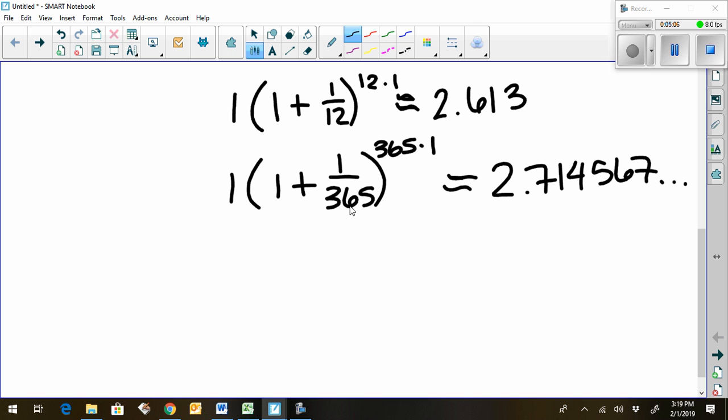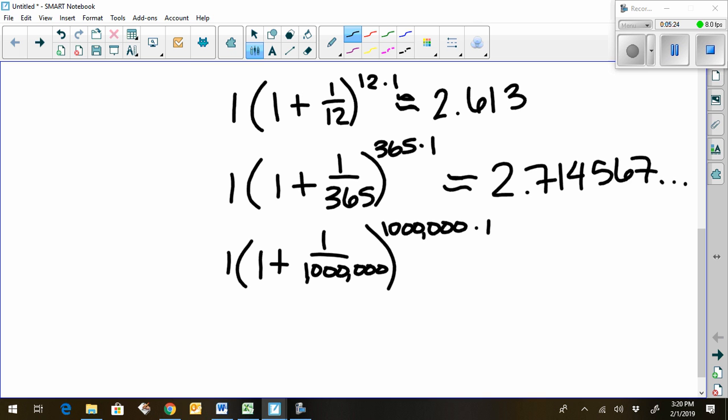What if we change this to 1,000,000? So we're compounding it 1,000,000 times in 1 year. It would look like 1 times 1 plus 1 over 1,000,000, 6 zeros, to the 1,000,000 times 1. All right, so I'm thinking, well, I know it only increased by a little bit, but it probably gets to like 2.85 or something.